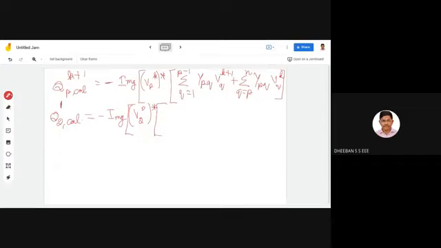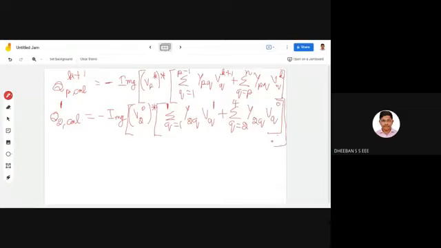Substituting: summation q equal to 1, so p minus 1 is 1, y2q vq, and here k is 0, plus summation q equal to 2 to 4, y2q vq, with k value 0. So this is the equation.